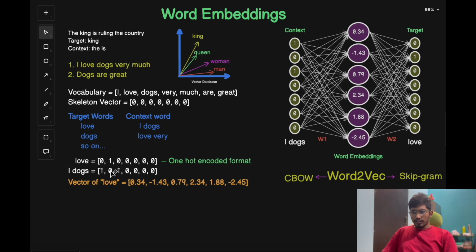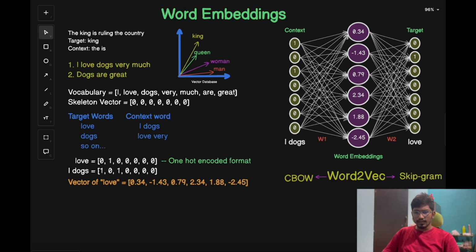Now this context word vector becomes the input to our neural network, and the target vector is our desired output. If you see here, 1 0 1 then all zeros is the one hot encoded vector for my context words, that is I and dogs, and 0 1 then all zeros is my one hot encoded format for my target word love.